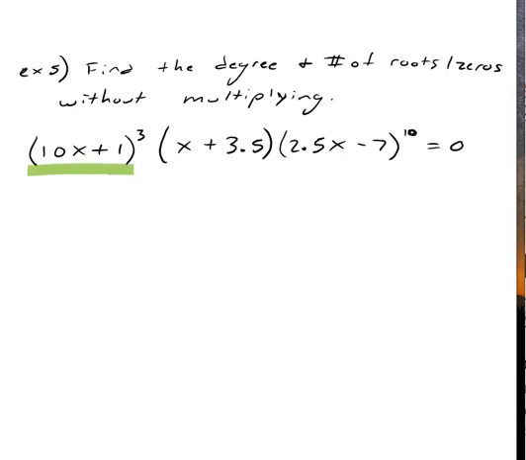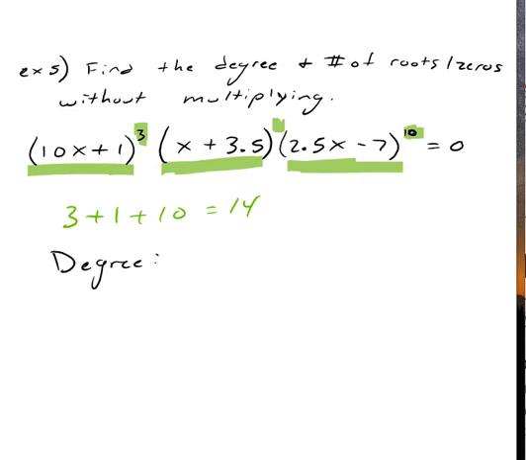This first one here has a degree of 3. This next one has a degree of just 1. And the last one has a degree of 10. So 3 plus 1 plus 10 equals 14. So my degree is 14. Therefore my number of roots or zeros is also 14.